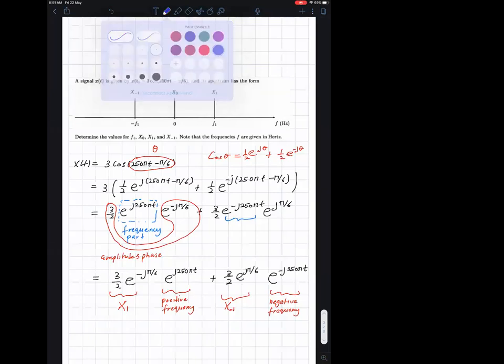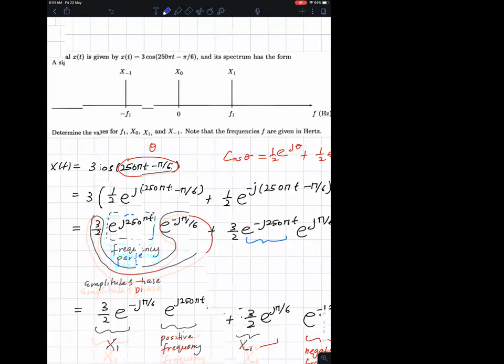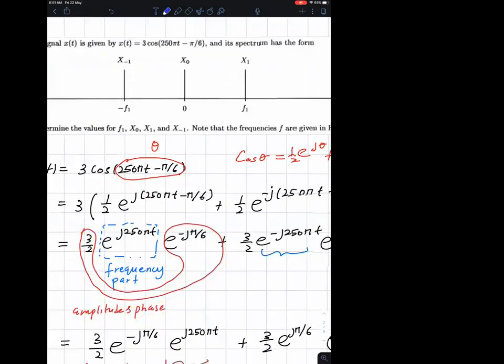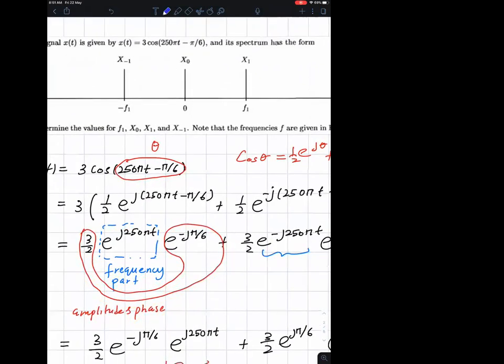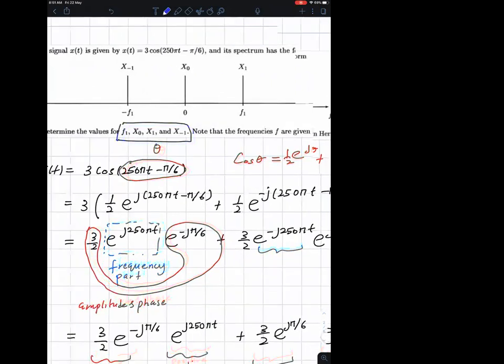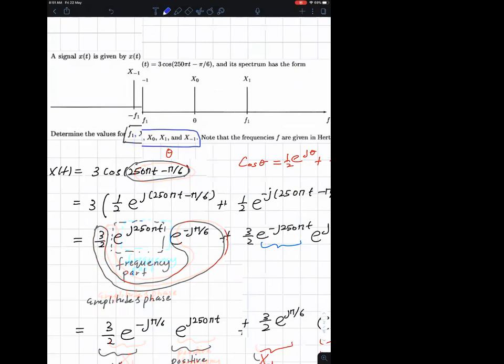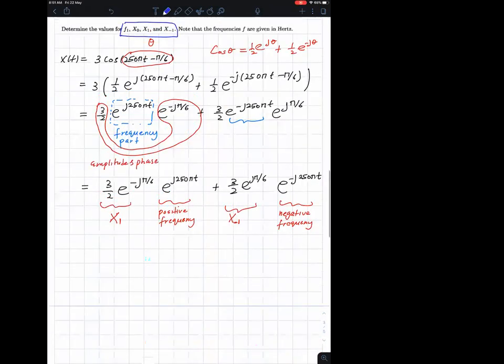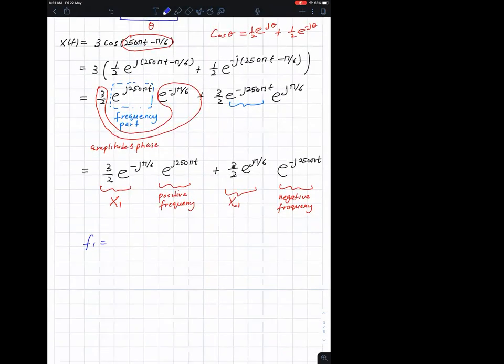You're supposed to know these things: F1, X0, X1, X minus 1. F1 is quite easy to find. You already know, F1 is omega over 2 pi, right?